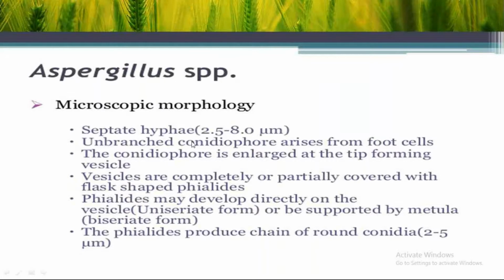So microscopic morphology: that is the septate hyphae, you can see the unbranched conidiophore which arises from the foot cells. So we have to take from it and make a lactophenol cotton blue mount.